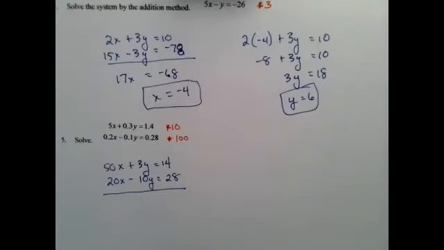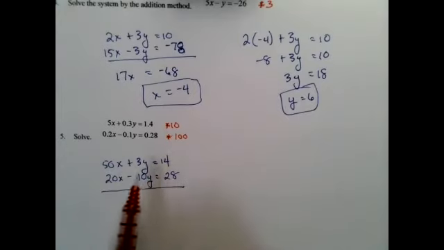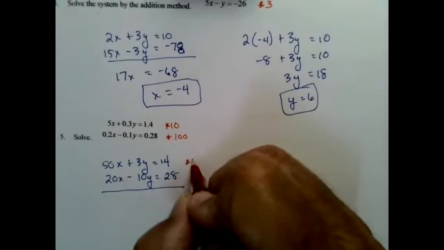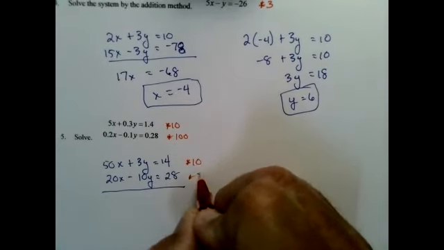Y. Because I want you to. So the y's, I'm now going to start thinking of multiples. And I think if I go to 30 and 30, they would cancel. I'm going to multiply this one by 10 and this guy by 3.